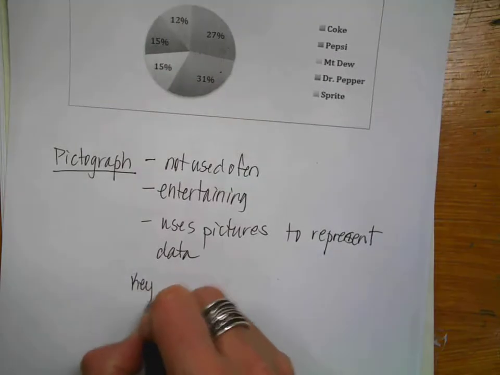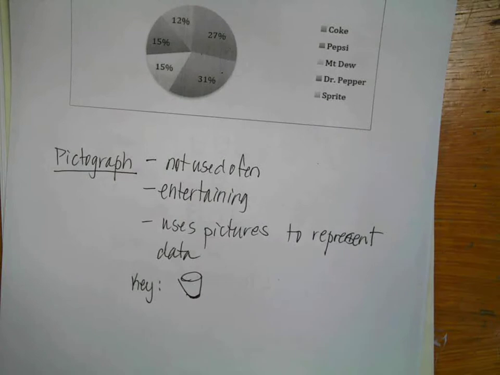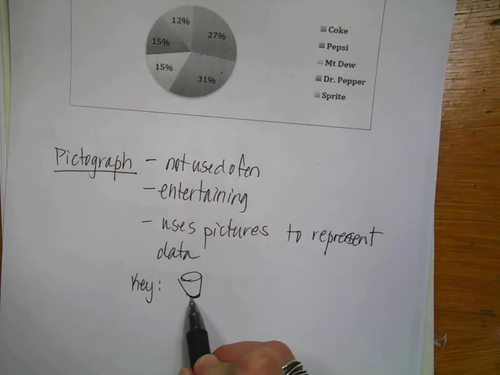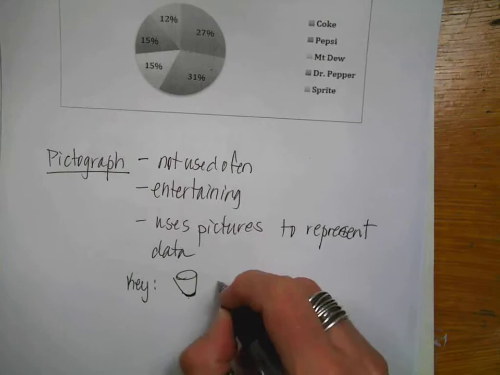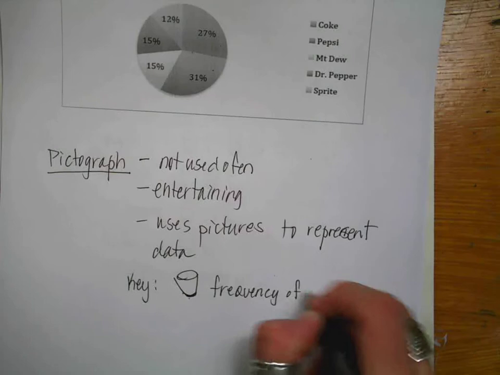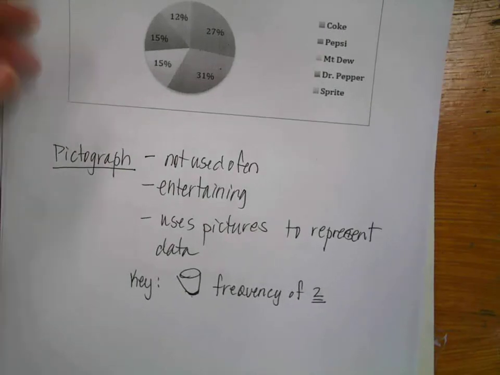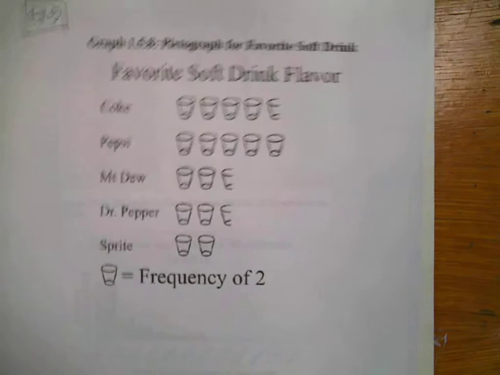The thing that has to happen with a pictograph is that you have to have a key, and it has to tell you what each picture represents. So in the example I'm about to show you, they decided to use pictures of a cup, and it's a pretty ugly cup, but they decided to use the picture of a cup to represent how many people chose which type of soda. And then they have to tell you that each cup represents a frequency of 2. Notice that it's not 1.